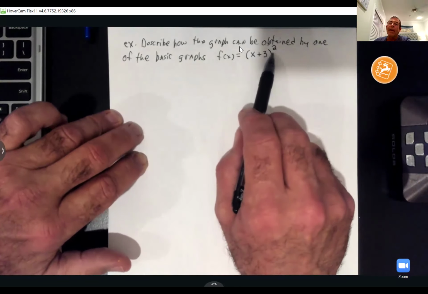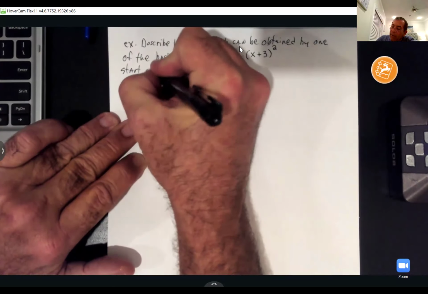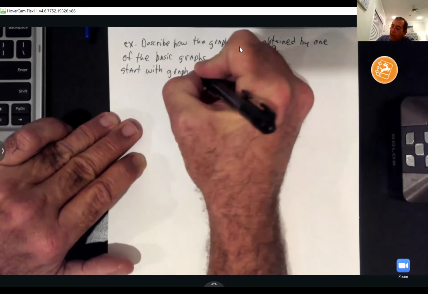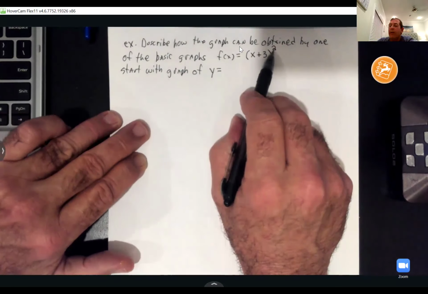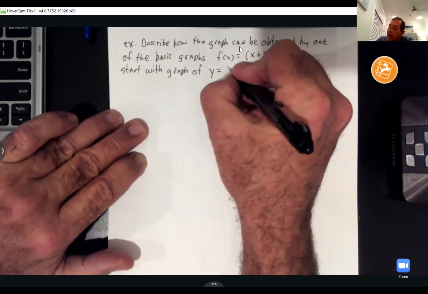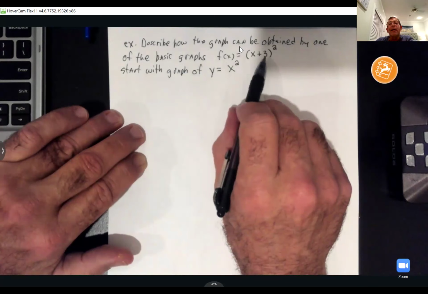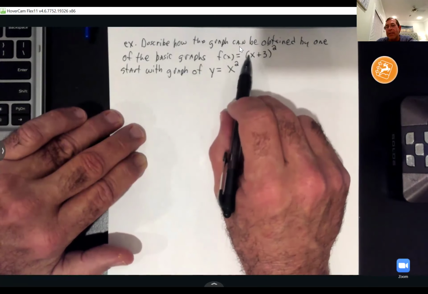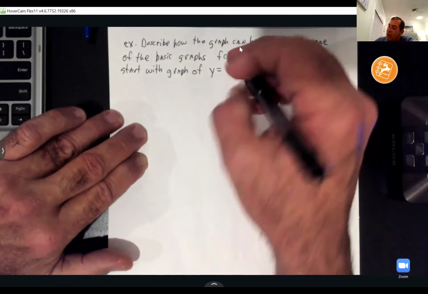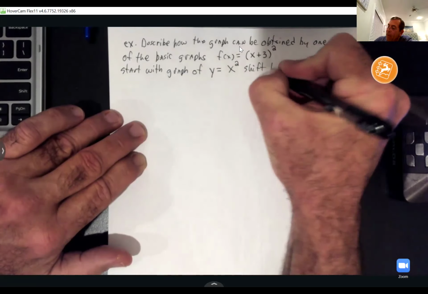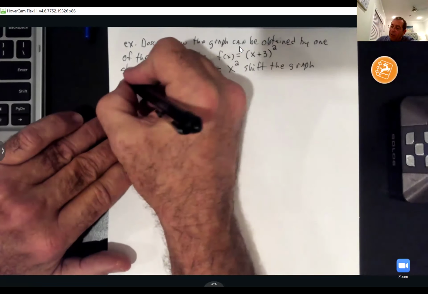So now I'm going to start with the graph of y equals, well, I see an exponent 2 here. So that's telling me I'm going to start with the graph of x squared. Now, since I'm adding 3 inside the parentheses to the x, remember, when I add, that's going to shift my graph left 3 units.